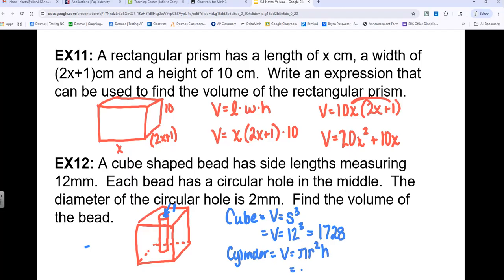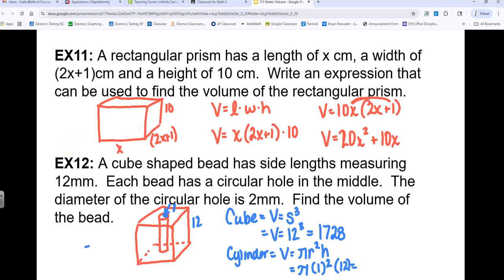Very good. So we'll have pi. What's the radius of our cylinder? It's 1. And what's our height of that cylinder? Okay, it goes all the way through the bead, right? So it should be the same height as the bead itself, which has a height of 12, right? So we'll have times 12.